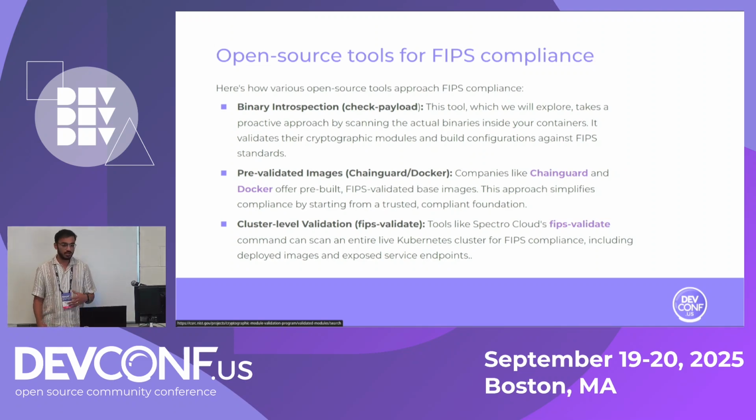This approach just gives you a good foundation and makes your FIPS validation check more likely to succeed, essentially. And then there's also SpectroCloud's FIPS Validate, which allows you to scan an entire live Kubernetes cluster with all your deployed images and service endpoints.